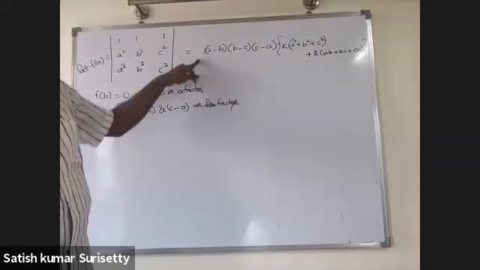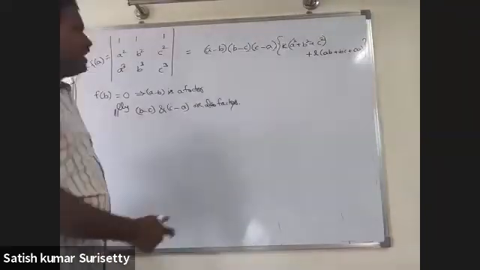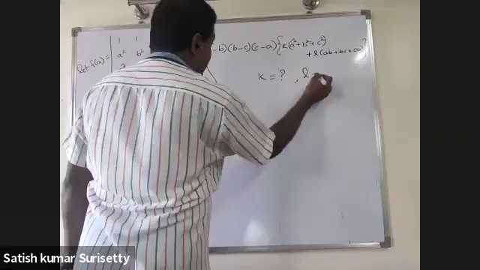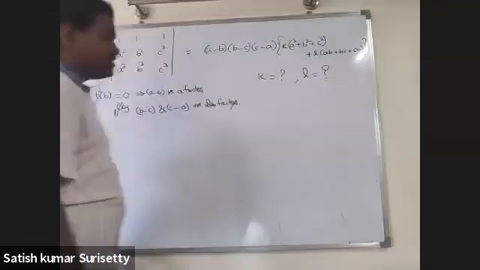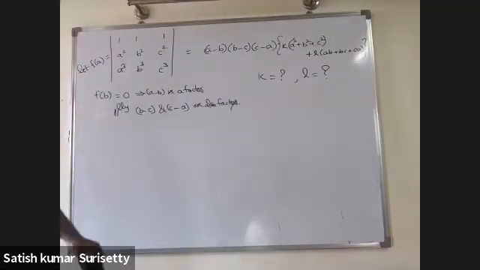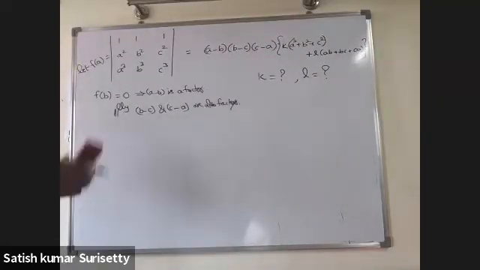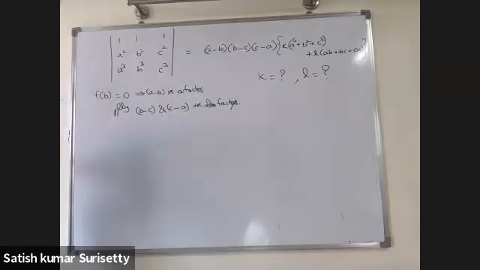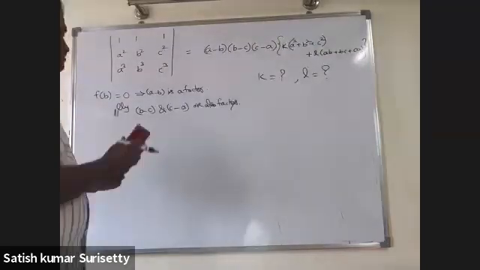Now you need to calculate two values, k and l. Previously you had only one constant, now you have two constants. That means you have to substitute two sets of a, b, c values, calculate the left side and right side, and solve the system of equations for k and l.